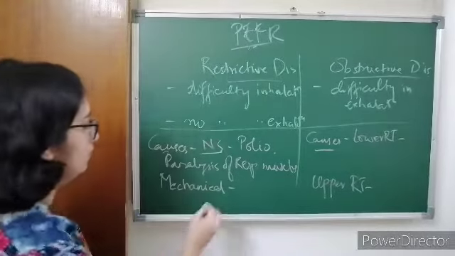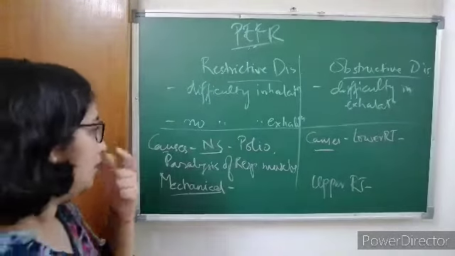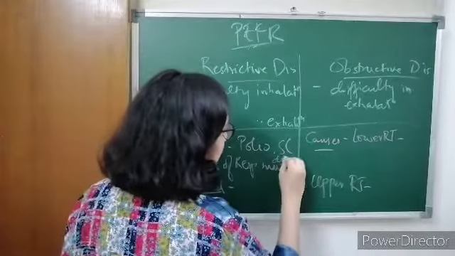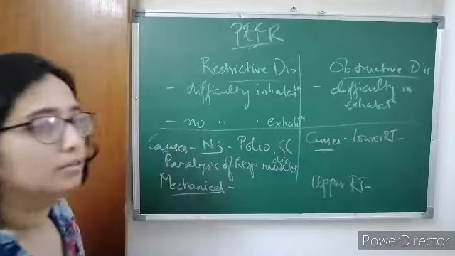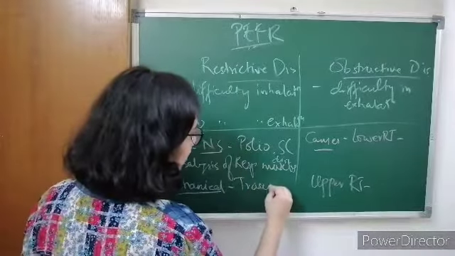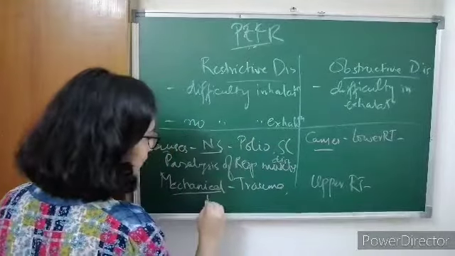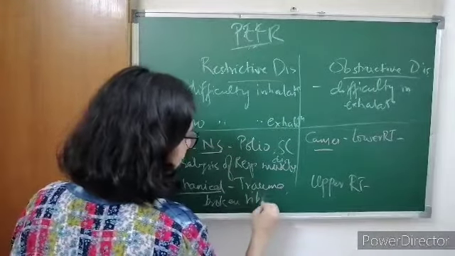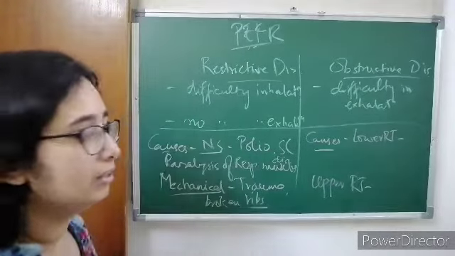In the nervous system, there will be polio, paralysis of respiratory muscles, and any spinal cord disorders. These will be the nervous system causes. The mechanical causes can be trauma, injury, and broken ribs, which can also cause the restrictive disease.